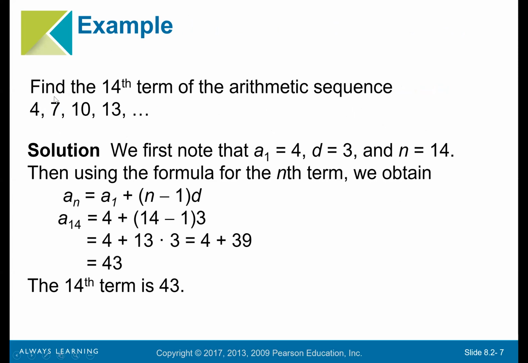So we're going to have 4 as the first term, n is 14, and the common difference, they're adding 3 each time. Now be kind of careful here. The parentheses are required. So we're going to subtract 1, take it times 3, and then add 4, and we get 43. So pretty easy formula to use. Just be careful of the order of operations.